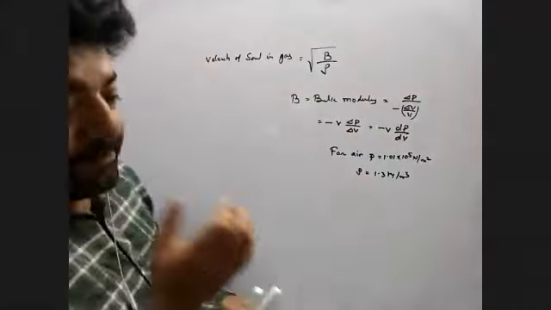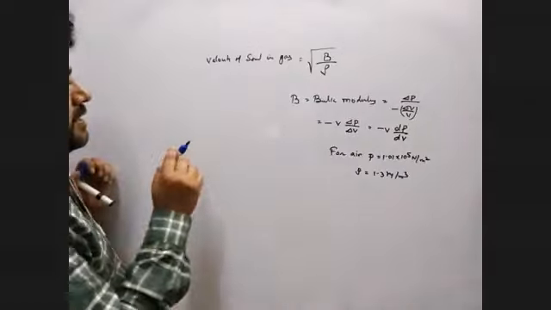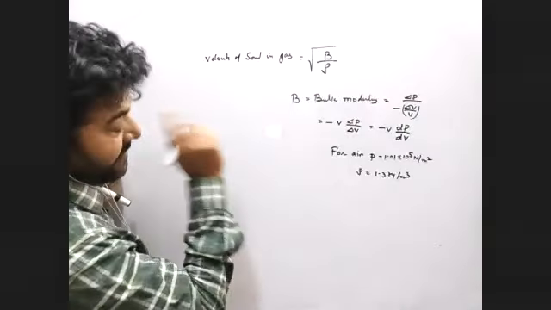So according to Laplace, who modified Newton's formula, when sound propagates through a gaseous medium, compression and rarefaction take place so rapidly that it does not take enough time to exchange heat with the surrounding. So it is an adiabatic process.